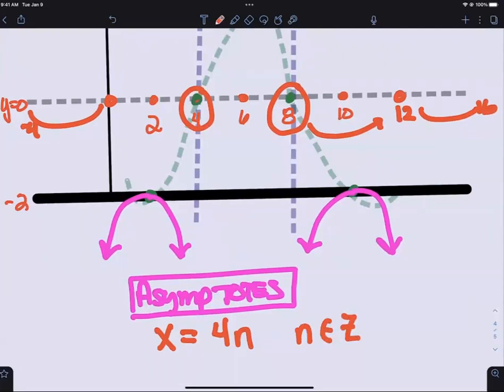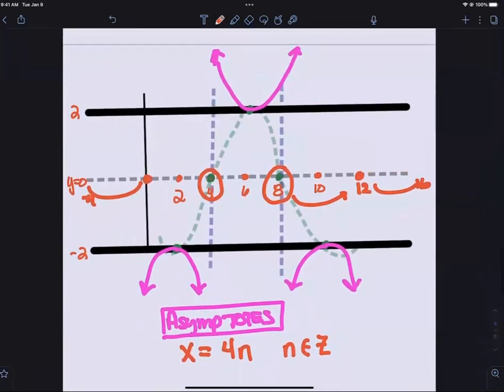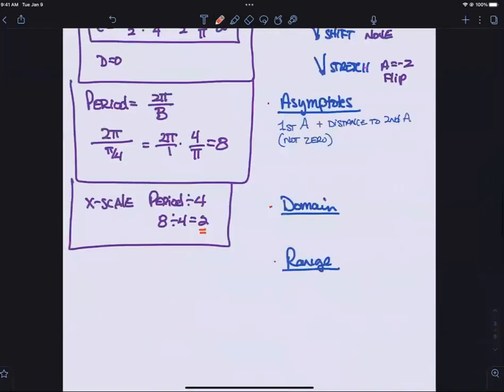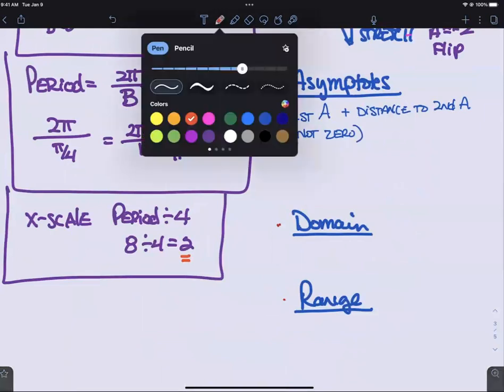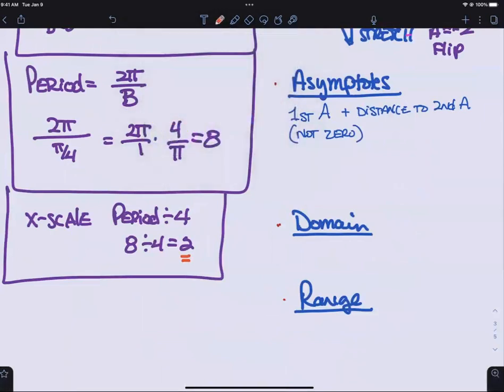So I think with this, you were asked to describe the domain as well. So moving back up here to fill in the rest of your guided notes, you would mathematically describe them. For this, the first asymptote is 4, but it's just going to occur in multiples of 4. So that's the way you would describe it. And you would need to state that n is an integer.